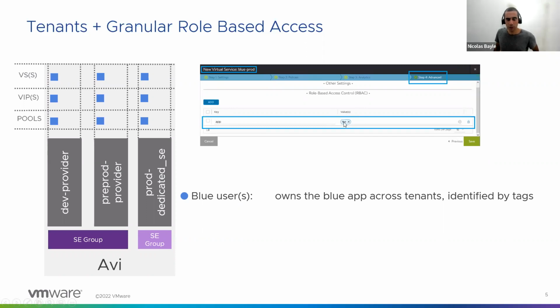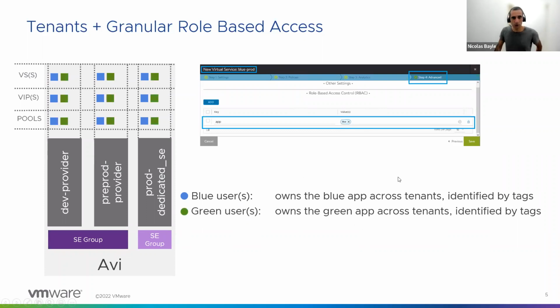And then I will define one specific role saying, by the way, all the objects which have the key value pair app equals blue, I want to see them, and I want to be able to edit them as well. So across multiple tenants, I can select which objects specifically I want to make available for this blue application team. Same for the green one here.